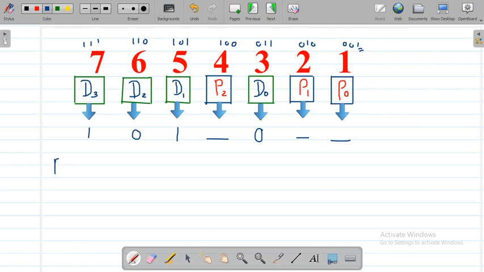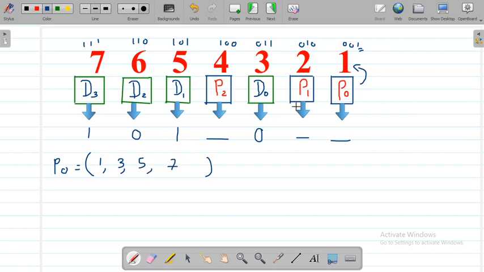For P0, now we will see which positions to check. P0 is at position number 1, so P0 will be checked starting with position number 1. Check 1, then skip the next one, check 1, skip the next one. That means consider 1, skip 2, consider 3, skip 4, consider 5, skip 6, consider 7.